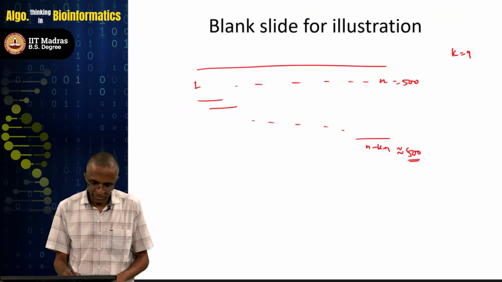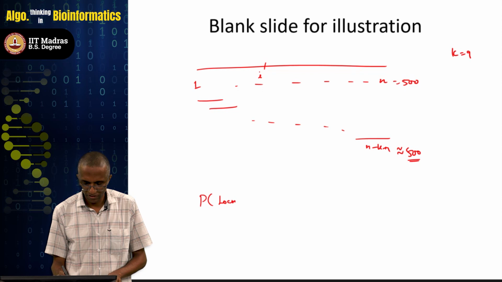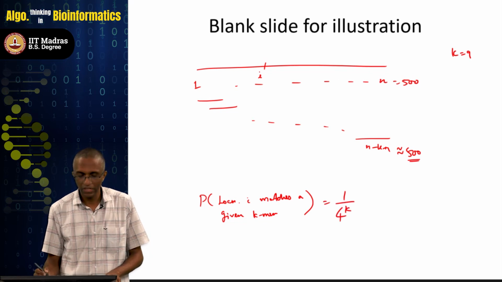The probability that location i matches a given k-mer is going to be 1 over 4 to the k.